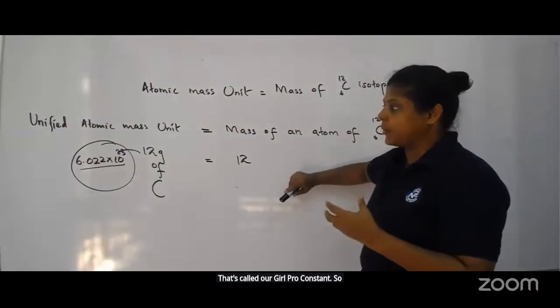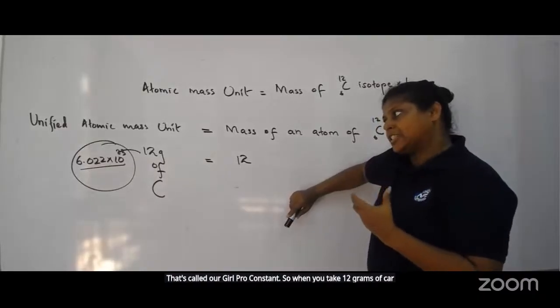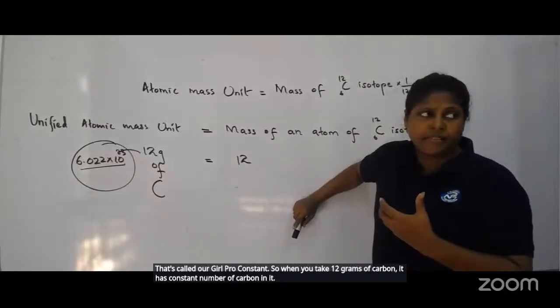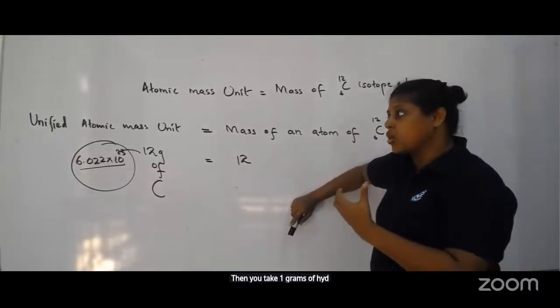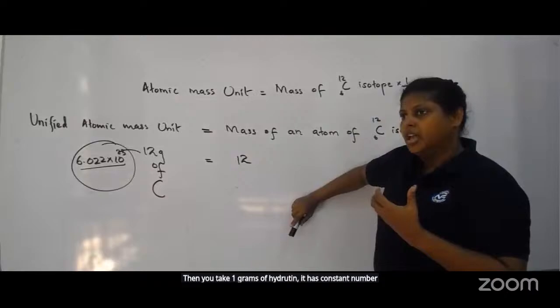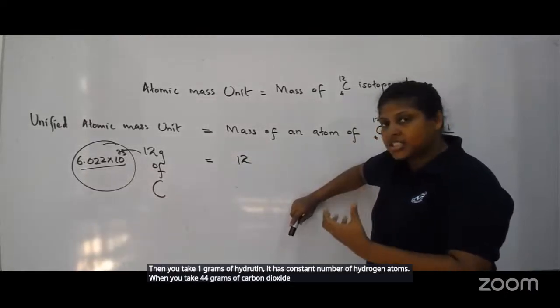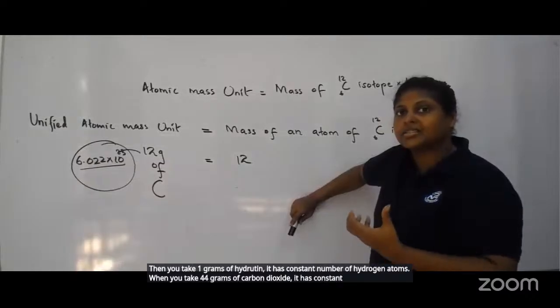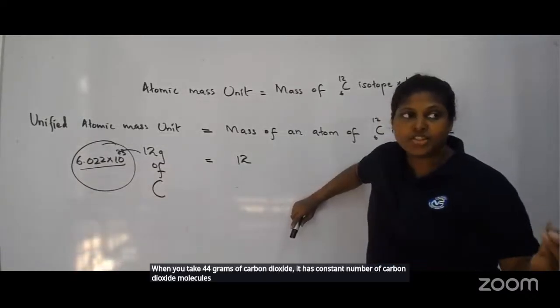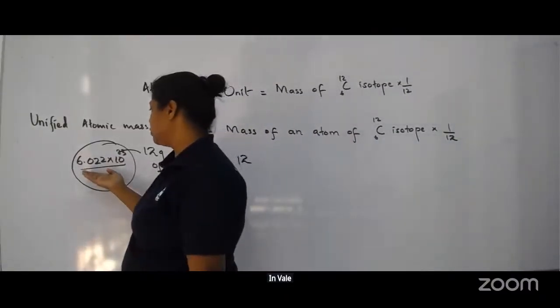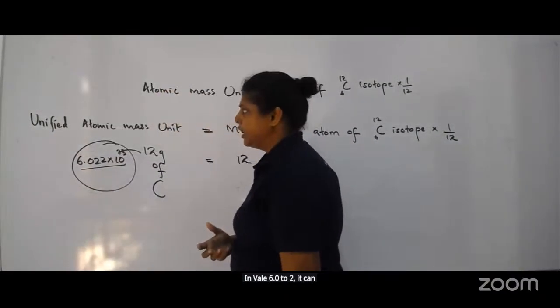So when you take 12 grams of carbon, it has a constant number of carbon atoms. When you take 1 gram of hydrogen, it has a constant number of hydrogen atoms. When you take 44 grams of carbon dioxide, it has a constant number of carbon dioxide molecules. Such a number we call the Avogadro constant, with value 6.022 into 10 to the power 23.